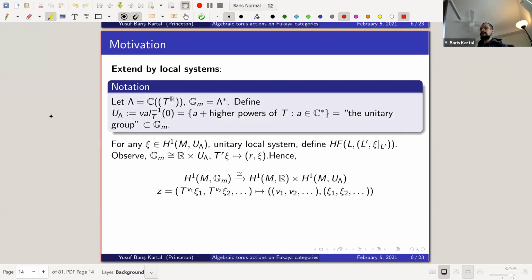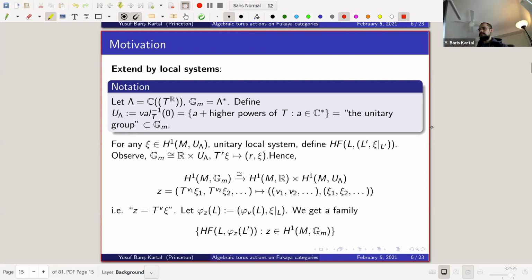To be more explicit, you can pick a basis of the first homology, and you can write the elements in the first group here as T to the V1, Xi1, T to the V2, Xi2, etc. And you can send this by collecting all Vi's on one side and all Xi's on the other side. I will usually use the notation Z equals T to the V Xi.